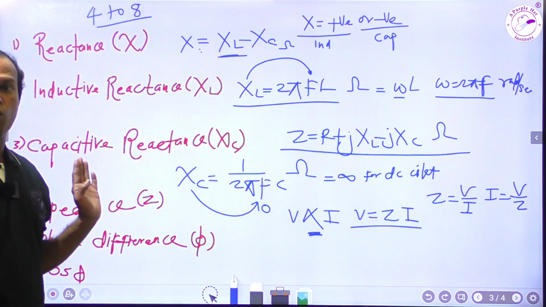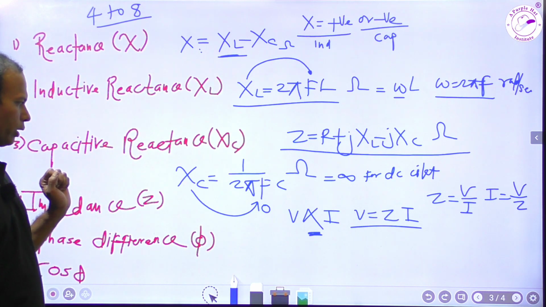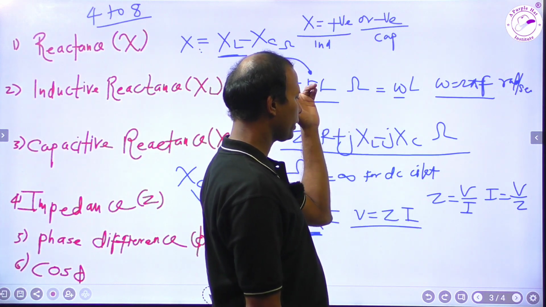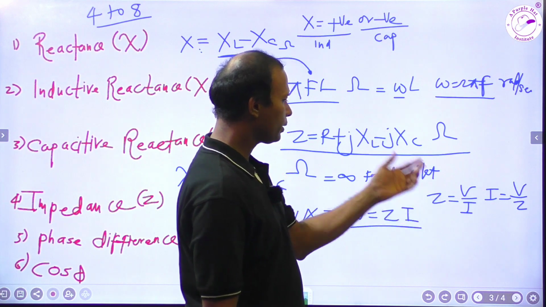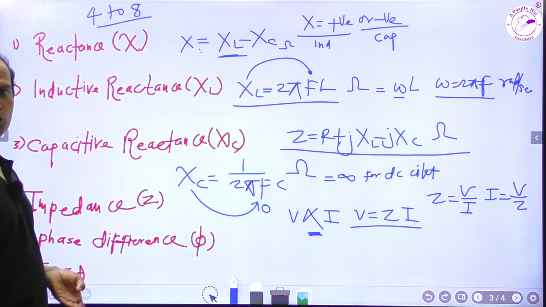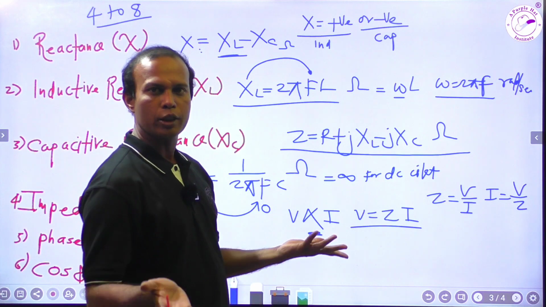Impedance means the overall opposition offered by the entire circuit to the flow of alternating sinusoidal current. Okay, so this impedance has components: reactance, inductive reactance, capacitive reactance and resistance. So this impedance depends on the circuit type: inductive, resistive, pure resistive. Suppose the inductor is not there, the capacitor is not there, the circuit becomes purely resistive. If the circuit has only inductance, the circuit is purely inductive.